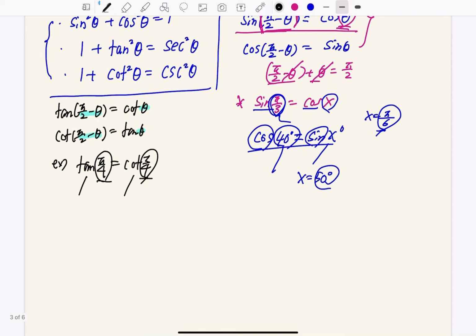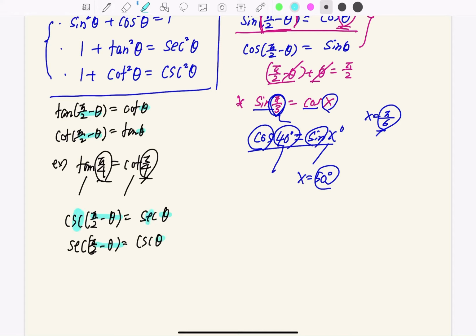Another one. Cosecant of pi over 2 minus theta is equal to secant theta. Or secant of pi over 2 minus theta is equal to cosecant theta. When angles are complementary, cosecant and secant are equal.